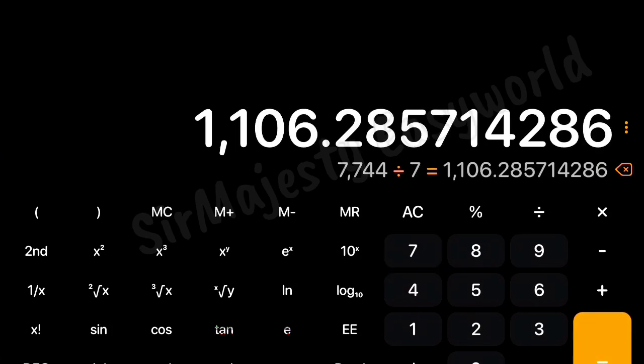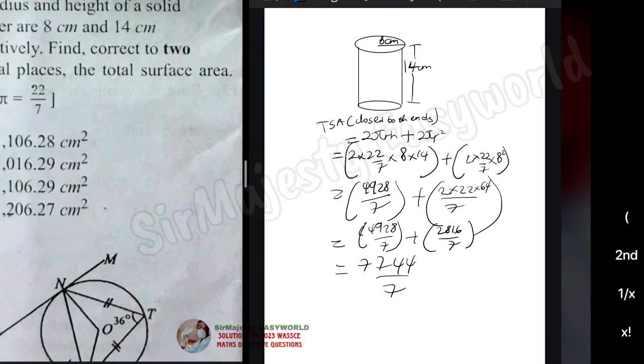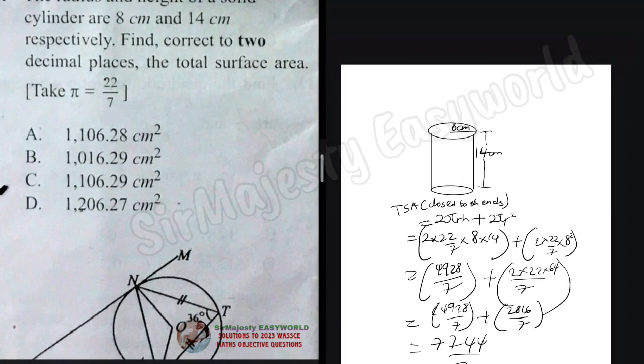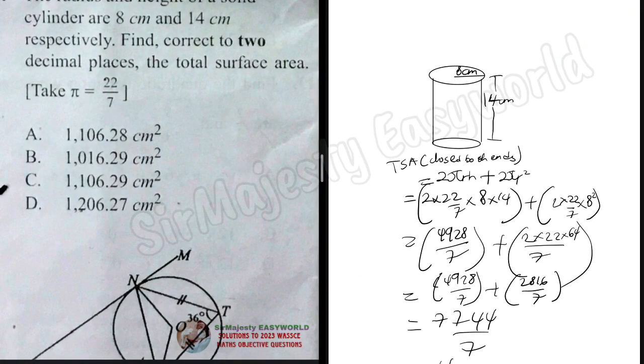That's 1106.29 centimeter square. So the correct answer to the question is C. So let's move on to the next question.